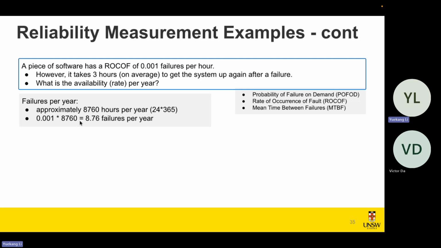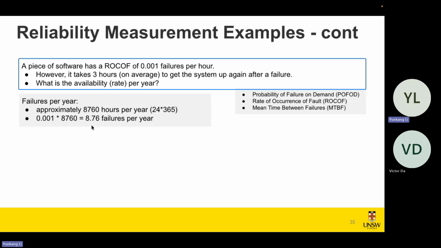So we have roughly 8,760 hours. And the failures is roughly this, right? 8.76 failures per year. And each failure takes 3 hours to recover.